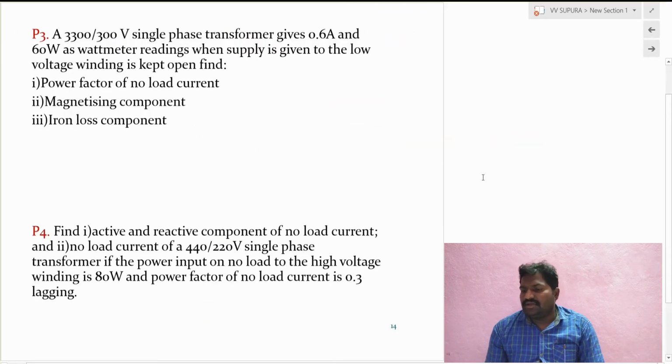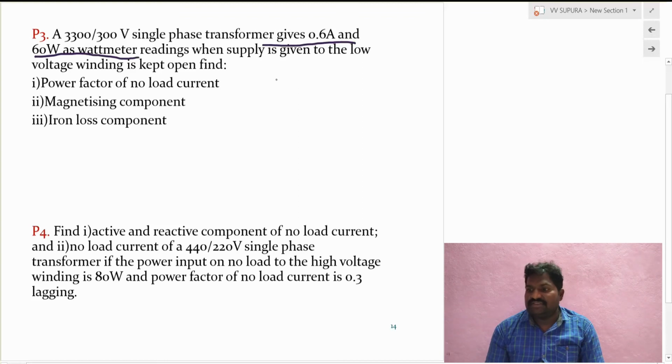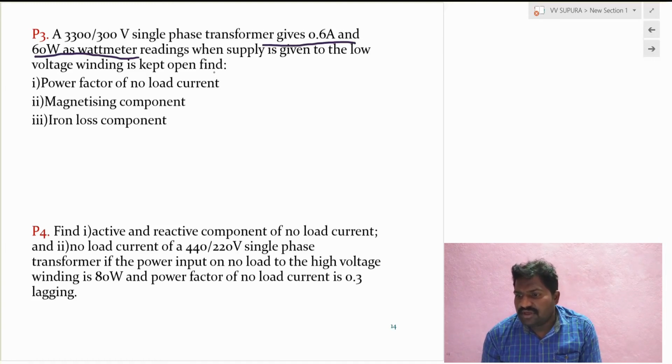And these are the simple numericals we have here. So I can solve this third problem. A 3300 volts by 300 volts single phase transformer gives 0.6 amperes and 60 watts as wattmeter readings when the supply is given to the low voltage winding and the high voltage winding is kept open.